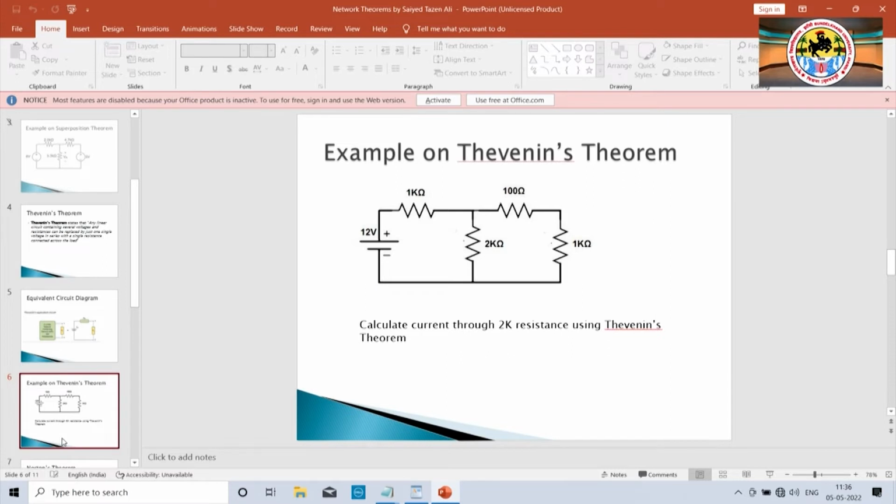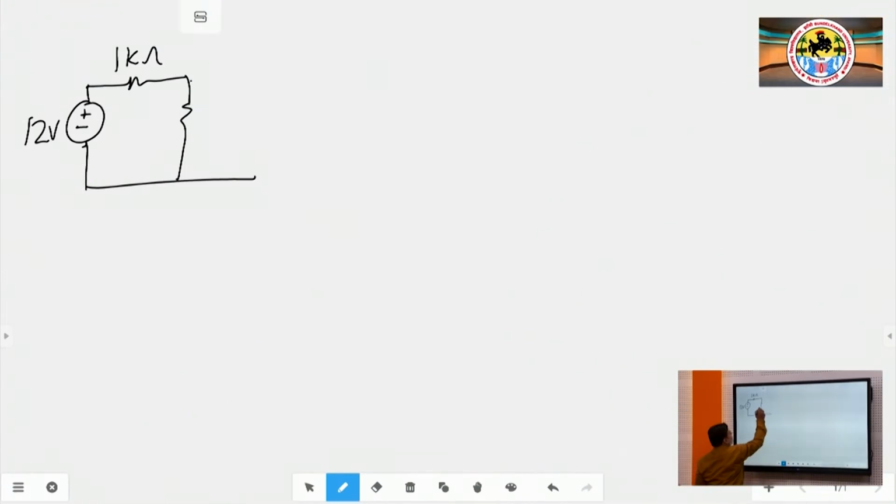It is a 12 volt source. Here the resistance is 1 kilo ohm, here is 2 kilo ohm, and we find the current through this 2 kilo ohm resistance. This is 100 ohm, which is 0.1 kilo ohm, and this one is a 1 kilo ohm resistance.